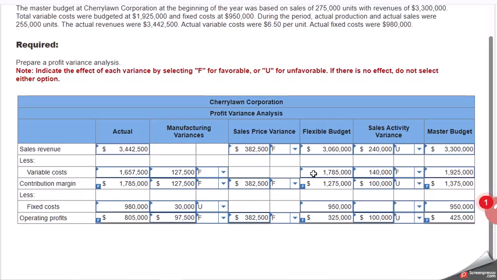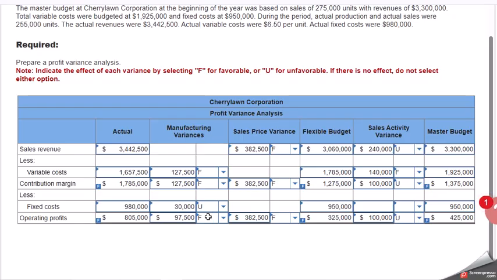Again, we compare that to our flexible budget, and it is also favorable. That means we did not incur the whole $7 per unit. Then our contribution margin is going to be favorable because our variable costs were a little bit lower and our selling price was a little bit higher.